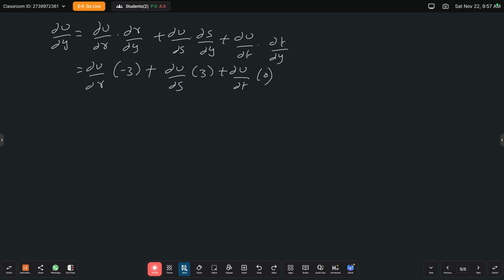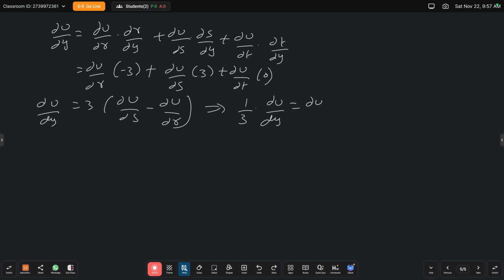Now 3 is common: 3 into (dou u by dou s minus dou u by dou r). So this equation can be written as 1 by 3 into dou u by dou y equals dou u by dou s minus dou u by dou r.